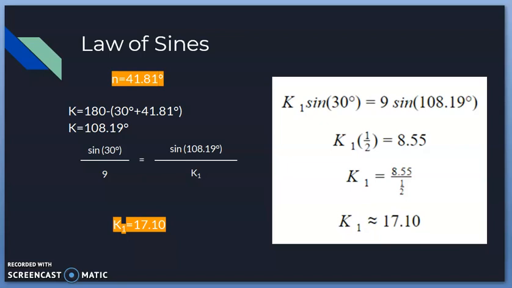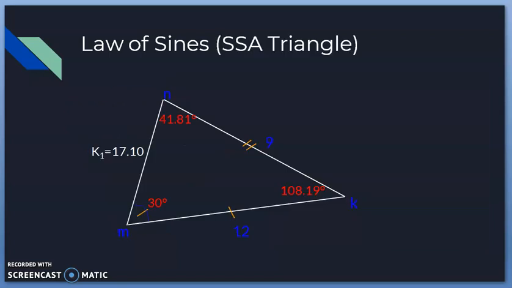This is only one possibility though. So since side-side angle triangles are considered ambiguous, there is a chance for a second triangle. But this is our first triangle here with all the side lengths and everything figured out. But let's look at the possibility of a second triangle.